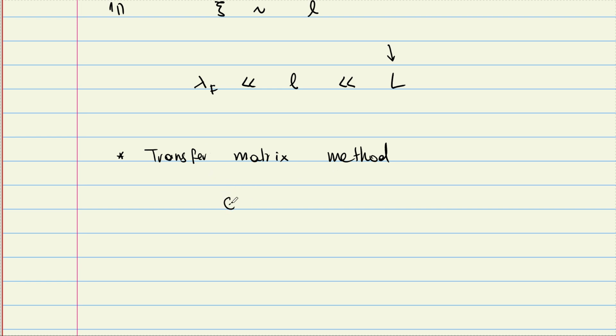If you do that, what you find for conductance is something like 2e squared over h, e to the minus L over xi. So this is the sample size, this is the coherence length, and what this says is, if L is much bigger than xi, this goes to 0, complete localization in the case of a very large sample.